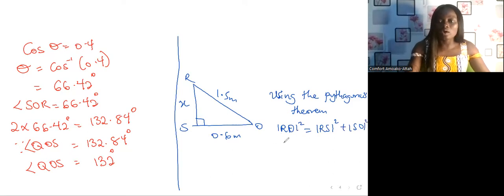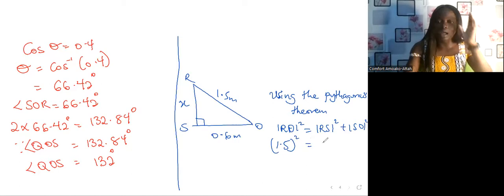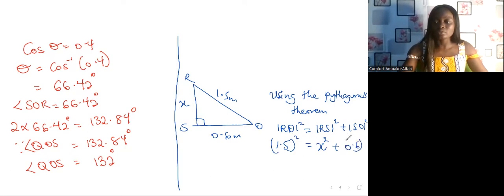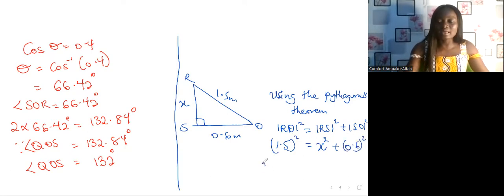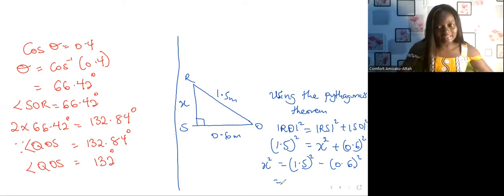We have the line OR squared as 1.5. So 1.5 squared is equal to line RS unknown, which is x squared, plus 0.6 squared. We want x squared, so let's move it across. We are getting 1.5 all squared minus 0.6 all squared. So please simplify this for me and tell me the answer.